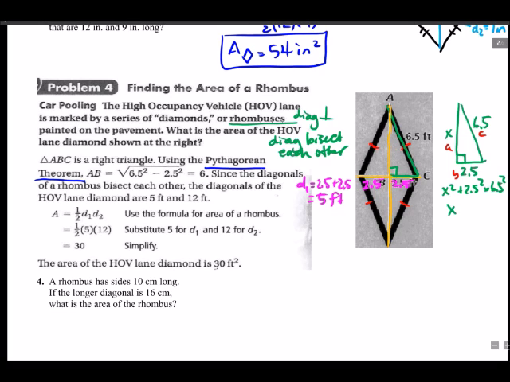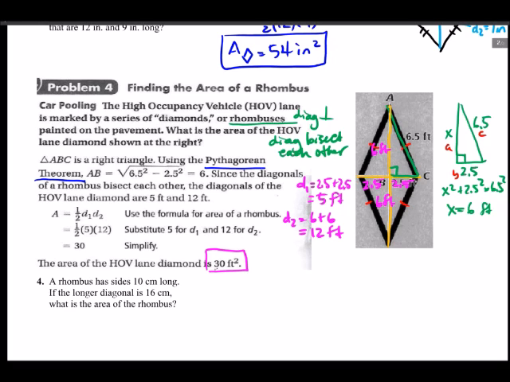We end up with, doing the math, x equals 6 feet. So we can now label this 6 feet, which means this is 6 feet. So diagonal 2 is 6 plus 6 is 12 feet. And then it's just a matter of doing the math. So our roadway diamond, which is a rhombus, has an area of about 30 feet squared.